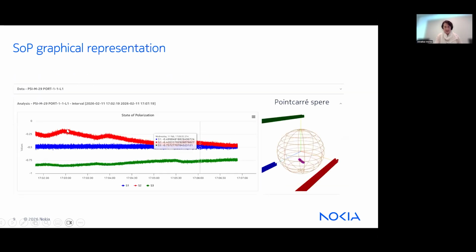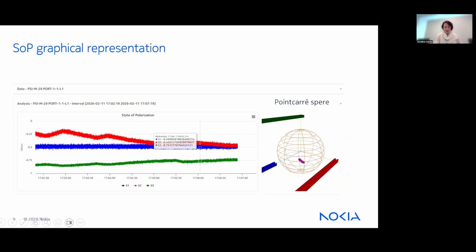In this slide, I present to you the monitoring of the polarization status, S1 with the blue line, S2 with the red one, and S3. These values are normalized with respect to S0.